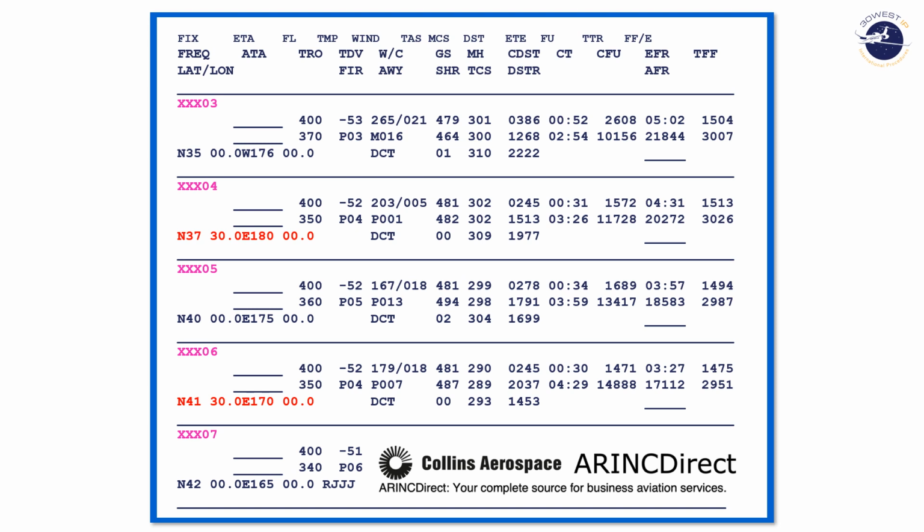Earlier, we saw a flight plan that was generated using Jeppesen ITPS, and that flight plan provider does use the ARINC 424 coded waypoints. We ran the same flight plan using ARINC Direct. And oddly enough, ARINC Direct doesn't recognize those waypoints using the ARINC 424 standard.